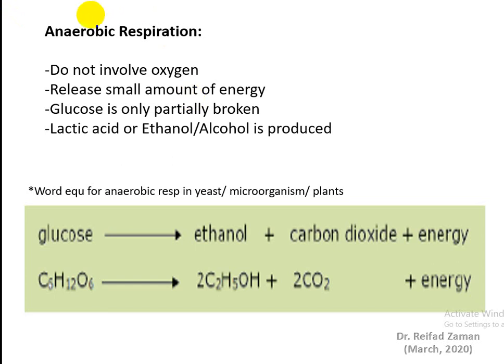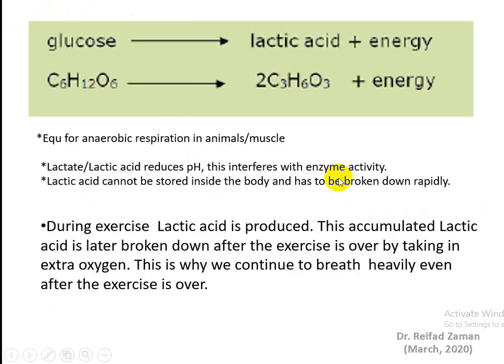One thing to remember is that anaerobic respiration is different in microorganisms and plants than that of animals. In animals, the glucose is broken down into lactic acid and nothing else.